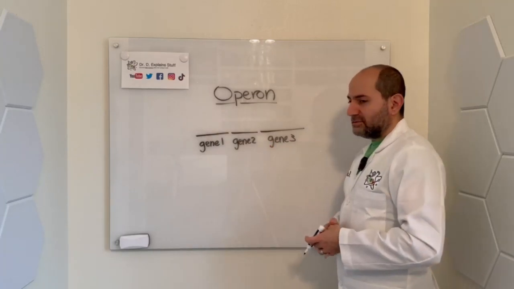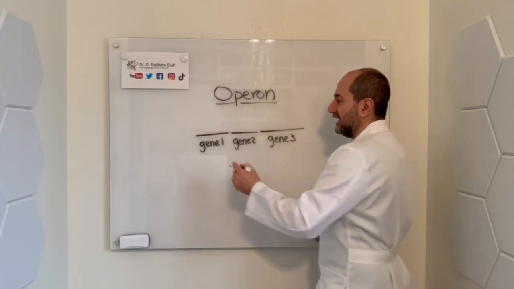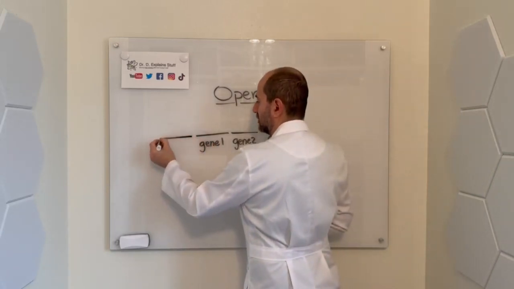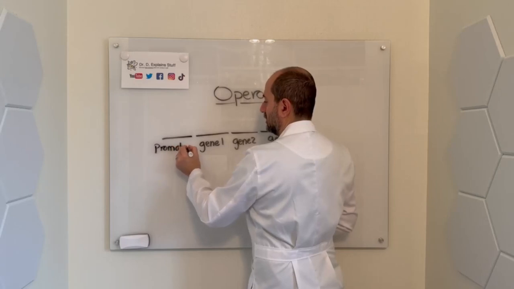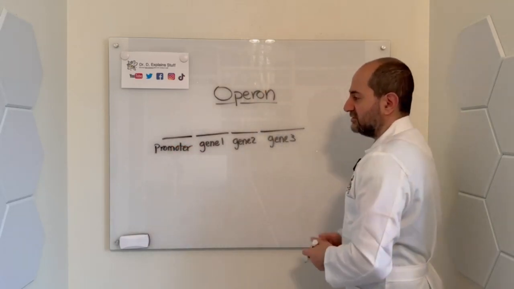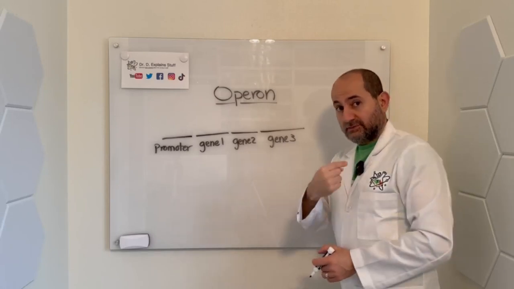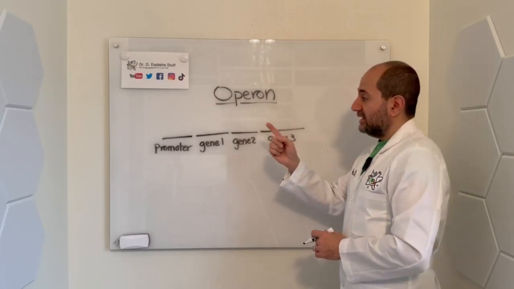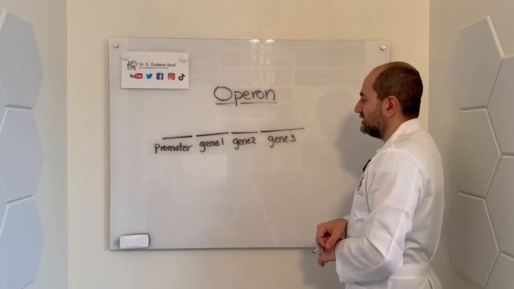And what's cool is these 3 genes, for instance, might have a single shared promoter in front. So you see, instead of each gene having its own promoter like you and me do, it may have a single promoter upstream of 3 genes.